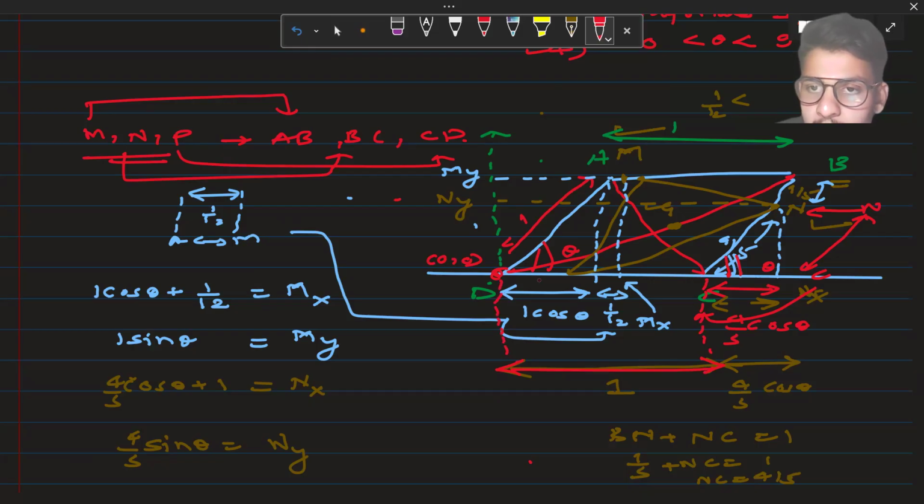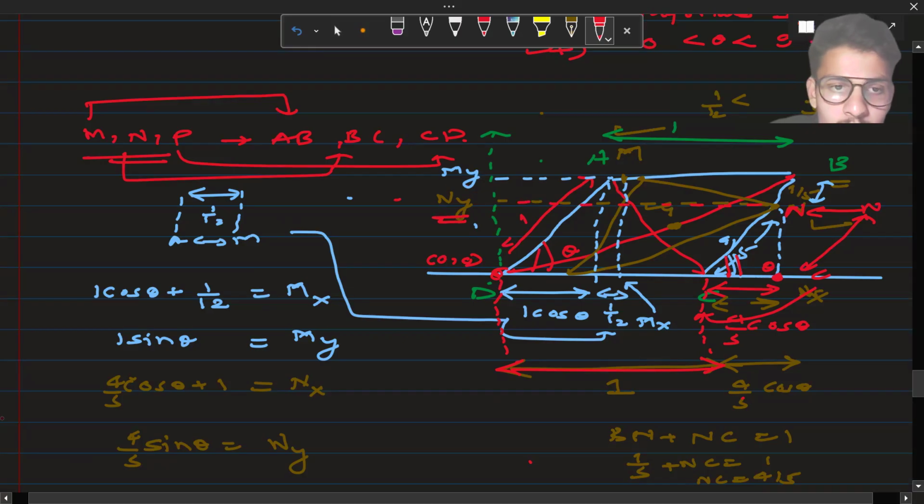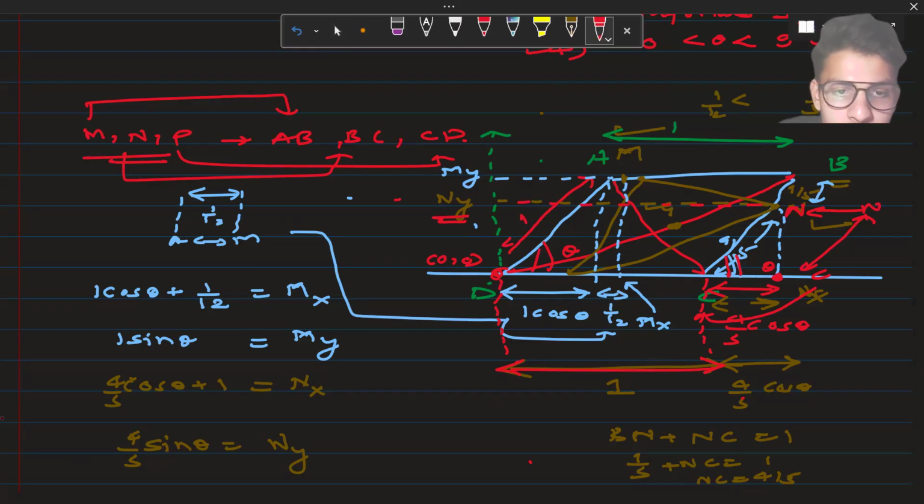So this is 1, and adding the 4/5 cos theta, I will receive the x coordinate of N, and in a similar manner 4/5 sin theta will give me the y coordinate. So 4/5 sin theta is the y coordinate of N, and 1 plus 4/5 cos theta is the x coordinate.